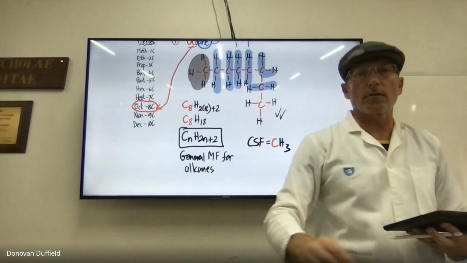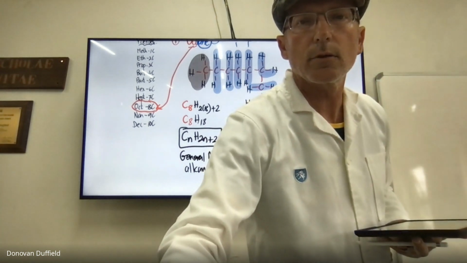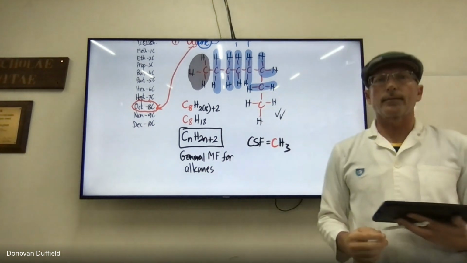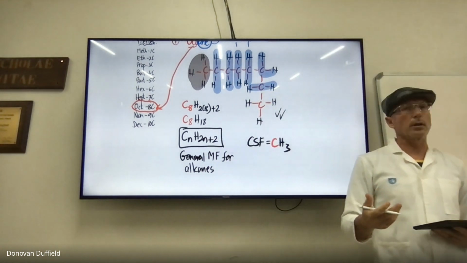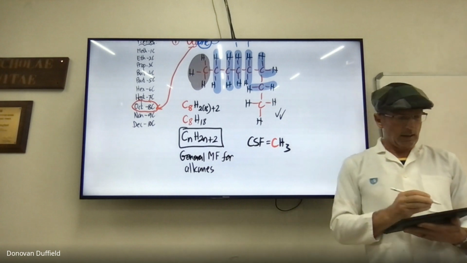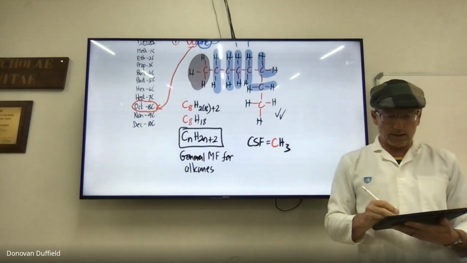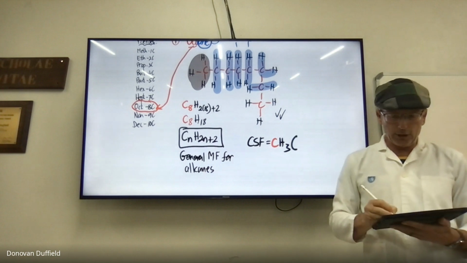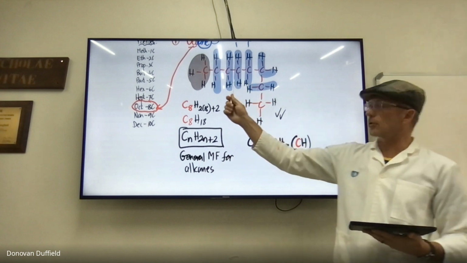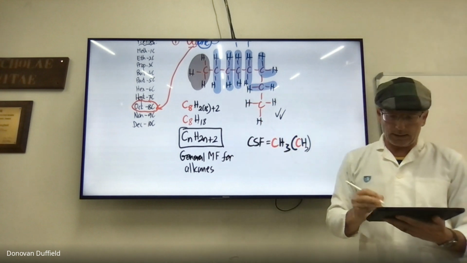All right. Because the whole idea of condensed structural formula is a shorthand notation, I'm going to do the following. This is CH2, and how many of those? CH2, CH2.